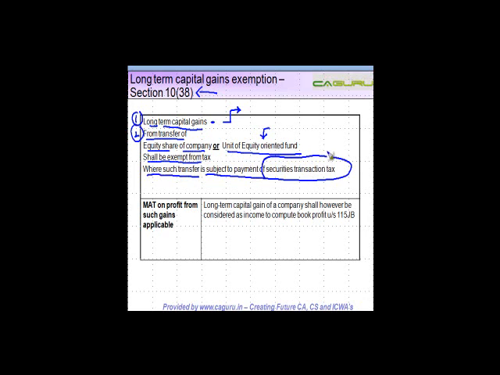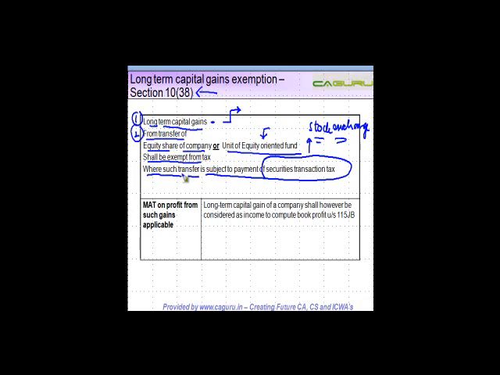So securities transaction tax is applicable when you transact on the stock exchange, and on stock exchange basically only listed company shares can be transacted. It thus follows that long-term capital gains from transfer of equity shares of a listed company or a unit of equity oriented fund will be exempt from tax.